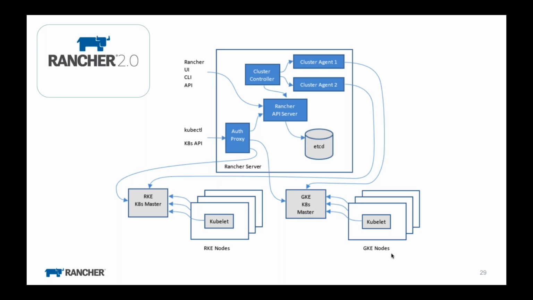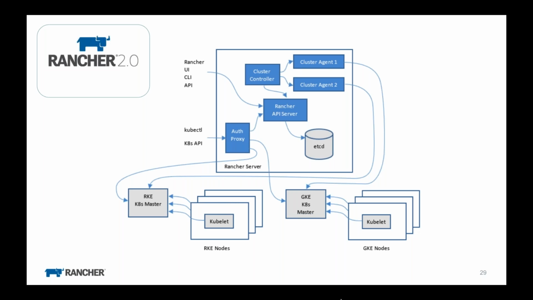Now, this is a quick overview of how the Rancher 2.0 components are aligned. The box in the middle is the Rancher server, which runs in a container. It consists of various components like the Rancher API server, which is listening to all the Rancher UI requests, CLI requests, or any other client that is integrating with the Rancher API.